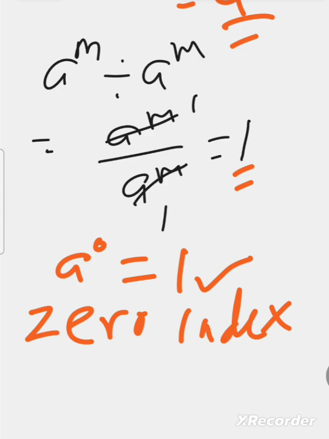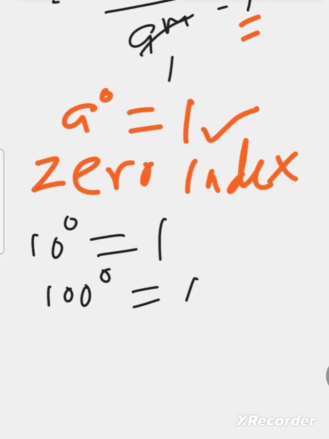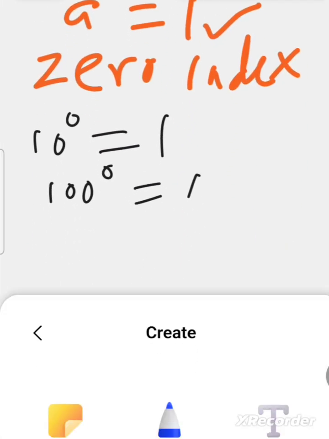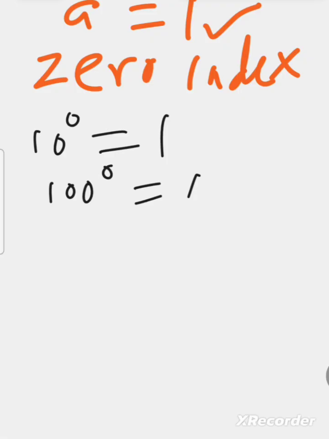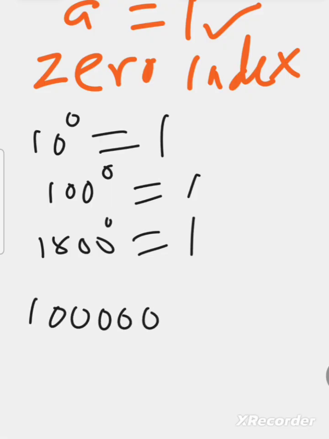Therefore, if you are given 10 power 0, then this number is the same as 1. If you are given 100 power 0, it will be the same as 1, because we have said anything to power 0 is equal to 1. 1000 to power 0 is equal to 1. 1 million to power 0 will be equal to 1.